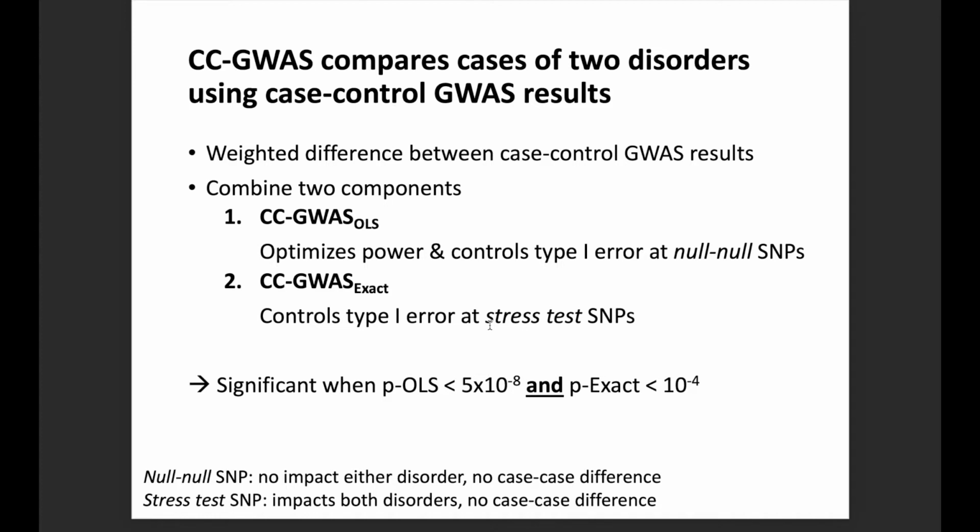That's why we have this additional set of weights to control for type 1 error at stress test SNPs. And so CC-GWAS says that a SNP is significantly associated with case-case status when the p-value of the OLS component is smaller than 5 times 10 to the minus 8, and when the p-value of the exact component is smaller than 10 to the minus 4.